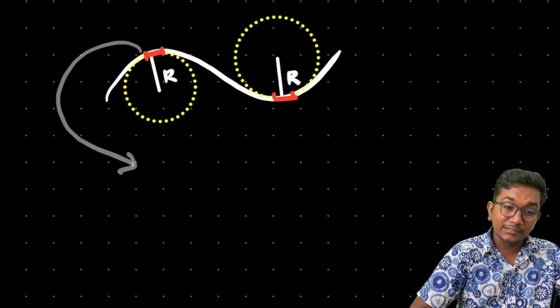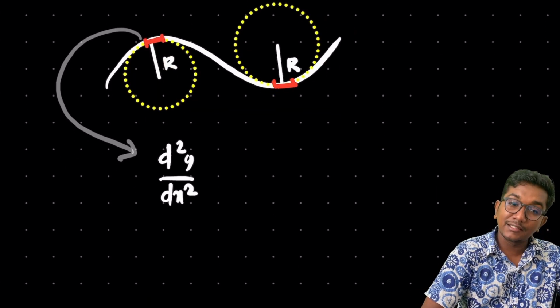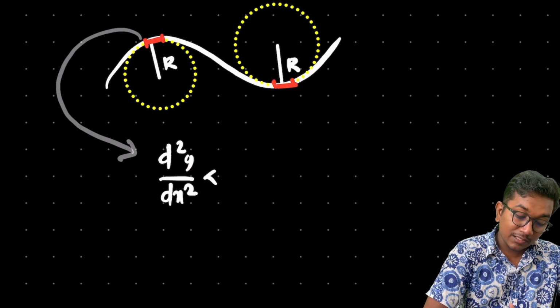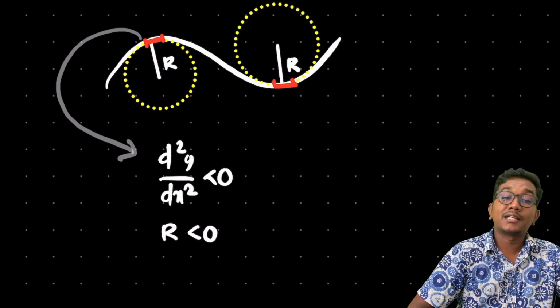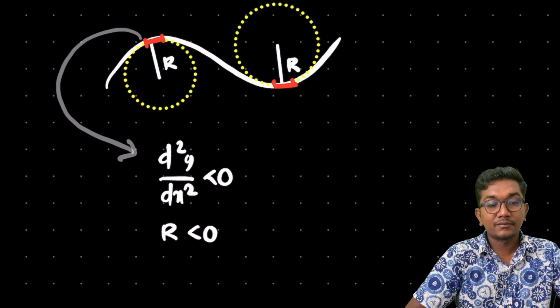So here you can see d square y by dx square, the second derivative, is less than 0. So what does that mean? The radius of curvature is less than 0, in the sense that it is negative.